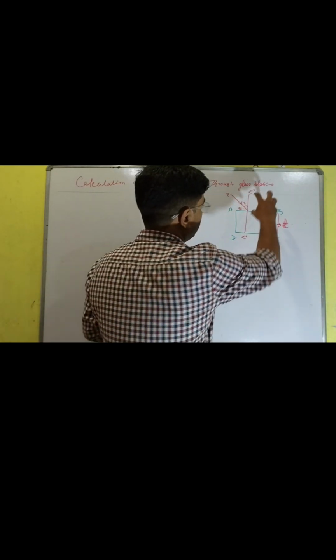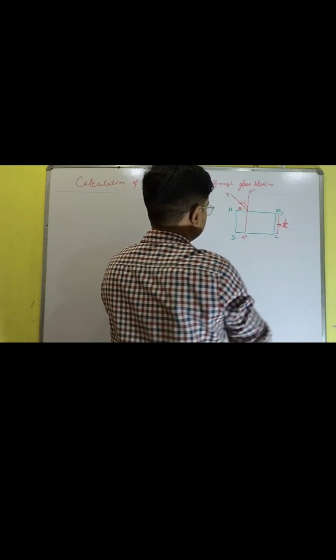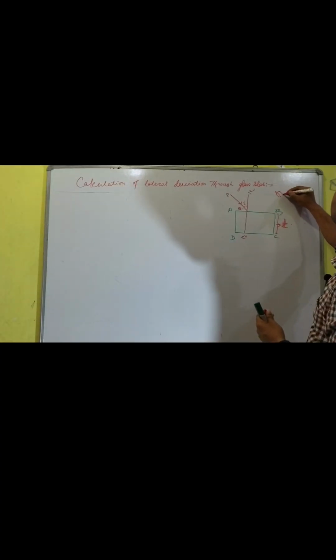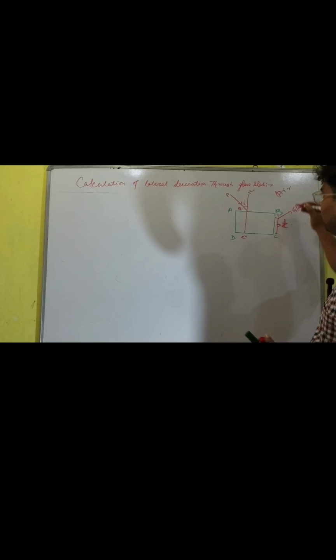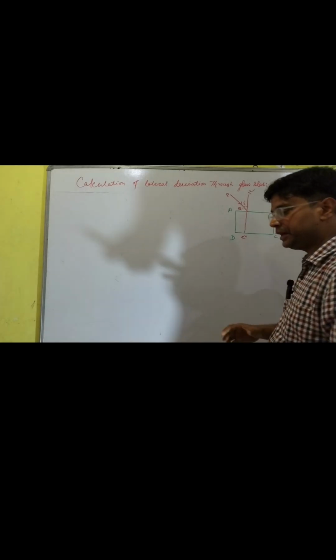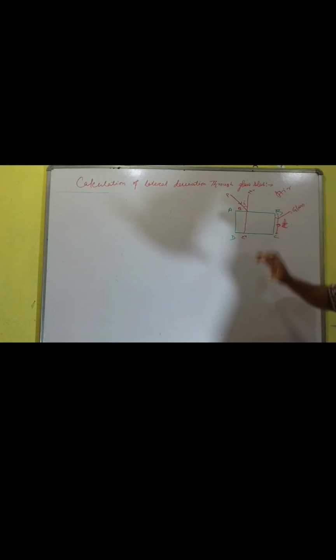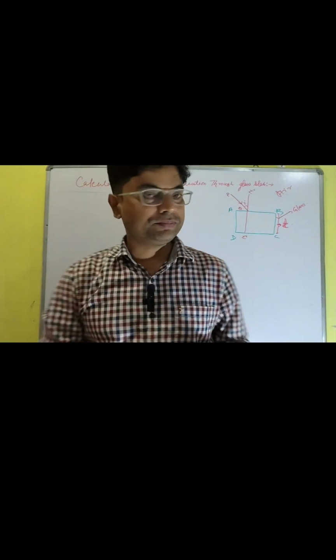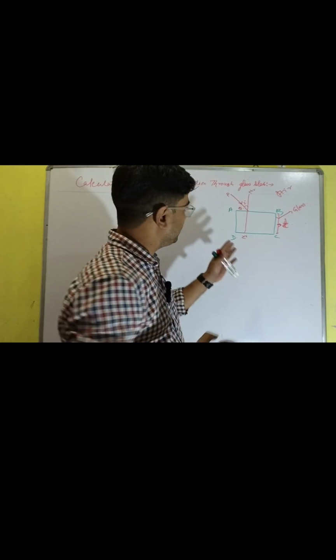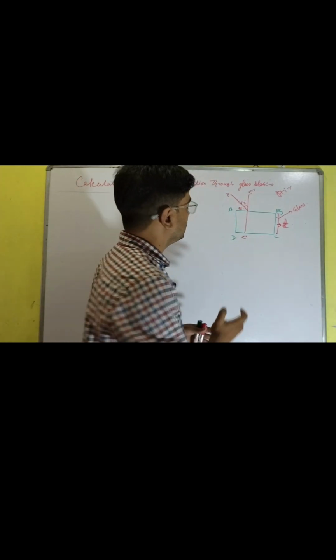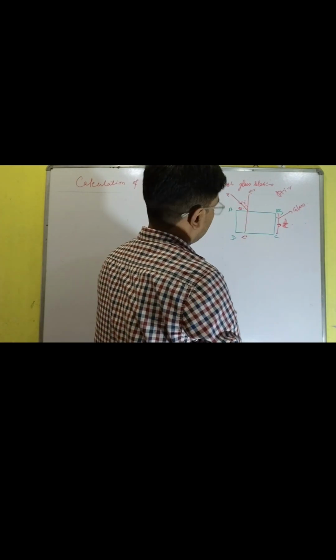In this case, suppose all these are air and this medium is glass. Then glass is a denser medium compared to air. Clear? So in this case, after refraction, the refracted ray will come closer to the normal N1 N2.